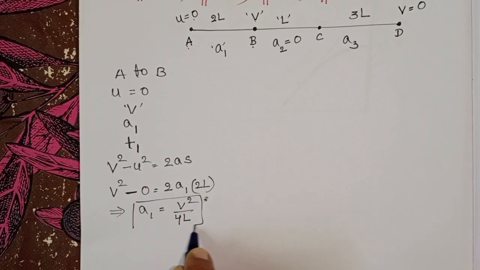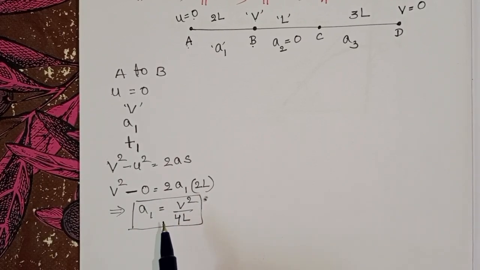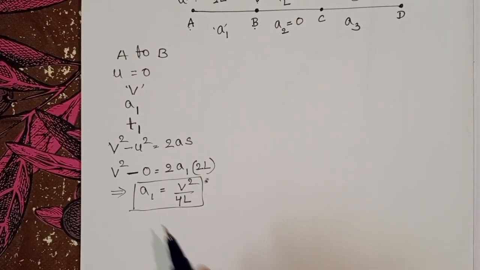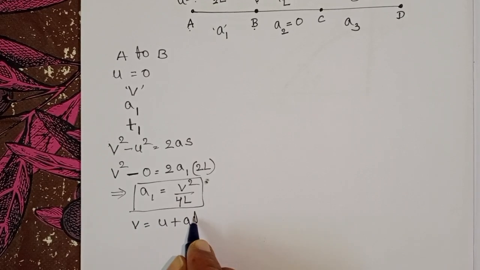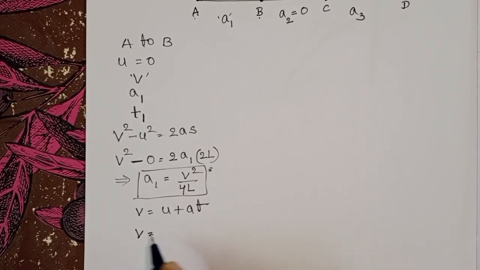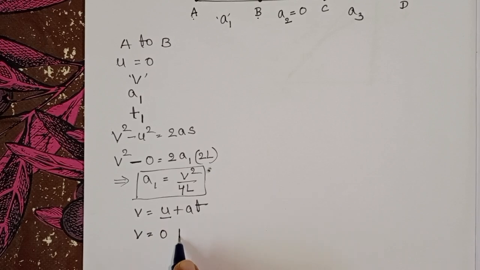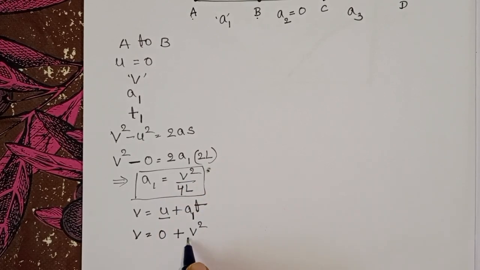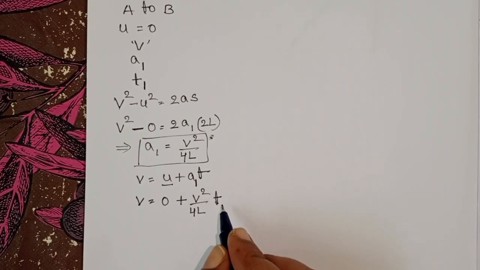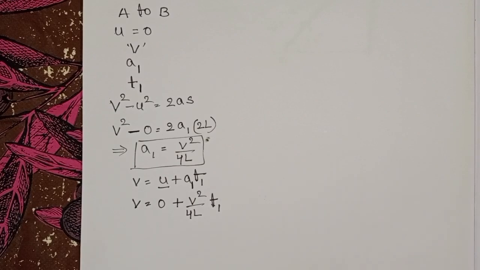Now here we want the time taken by the particle to travel from A to B. Take the first equation, v is equal to u plus at. v is equal to initial velocity 0 plus acceleration v square by 4l into time t. Take t1 here.